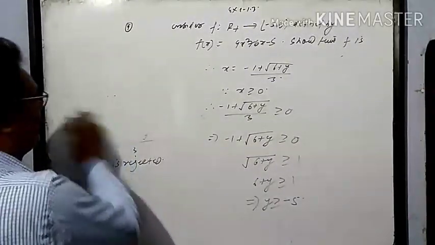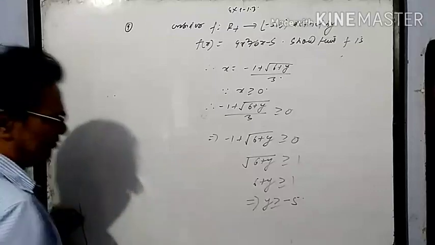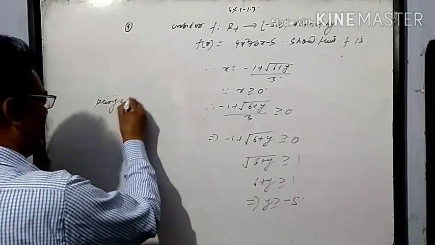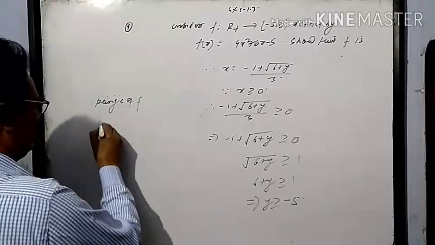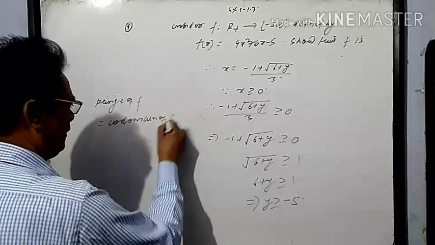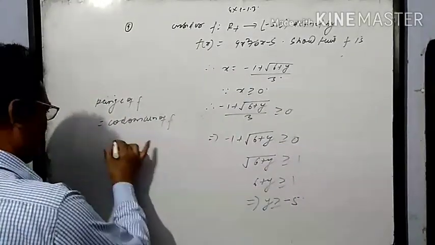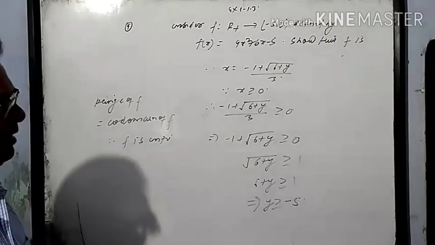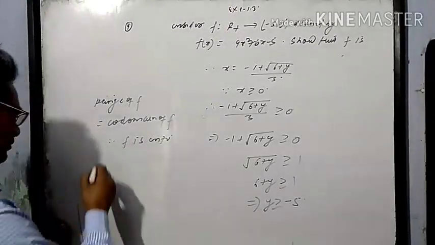Therefore, the range of f is equal to the codomain of f. Thus f is one-one and onto.